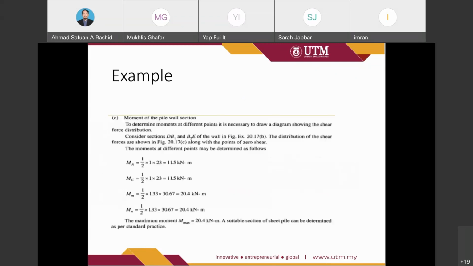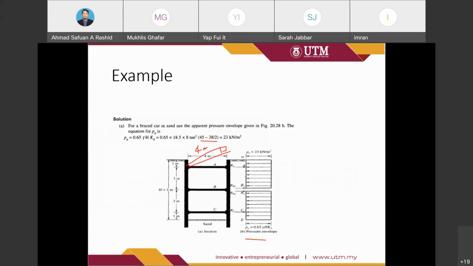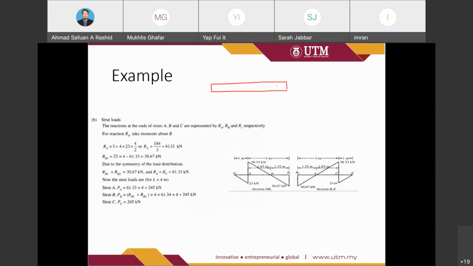The shear force diagram will be used on the C example. So, draw a simple moment diagram. Here we have the load of 23. From here we can draw the moment diagram.